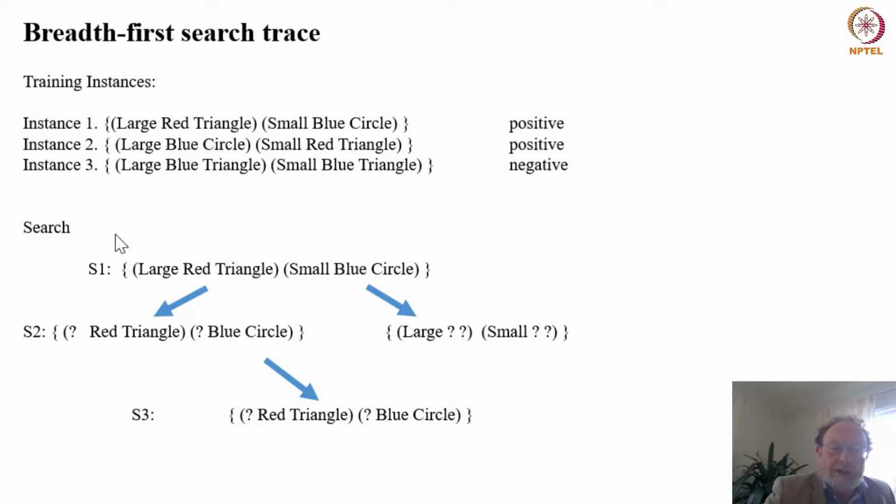So we can then also create three versions of the hypothesis space, S1, S2, S3. So the first thing we do is that we instantiate S1 to the most specific generalization consistent with the first example.